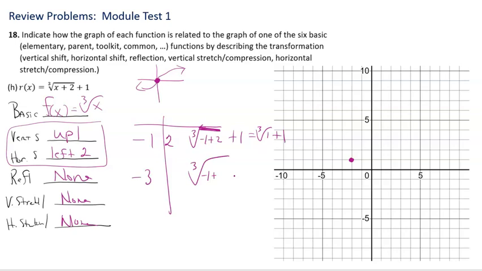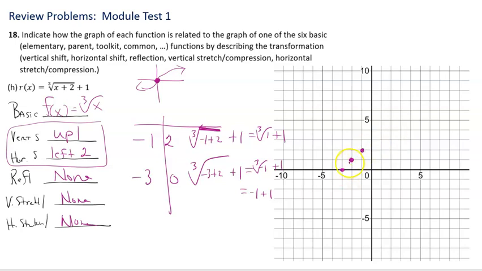I messed that up, negative 3 plus 2. There we go. Negative 3 plus 2 plus 1. Now it's going to give me the cubed root of negative 1 plus 1. The cubed root of negative 1 is negative 1 plus 1. When I add those, I get 0. So I've got negative 1, 2, and negative 3, 0.